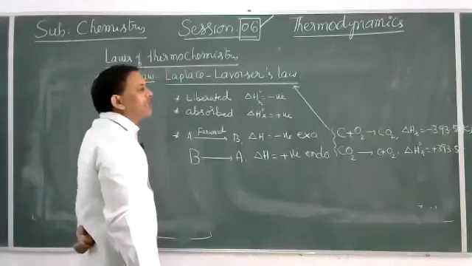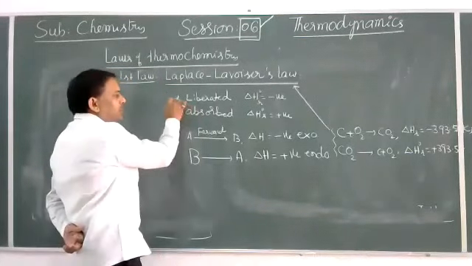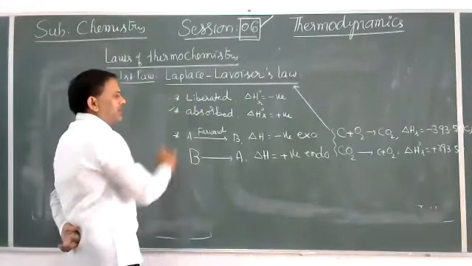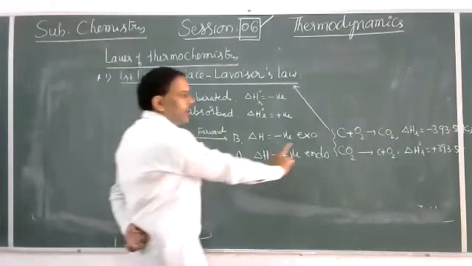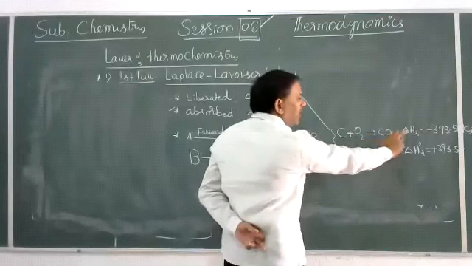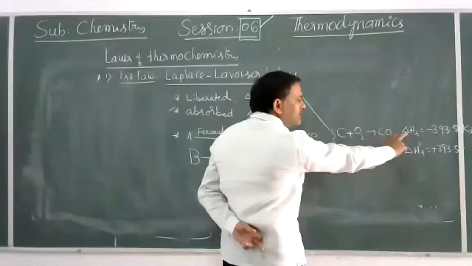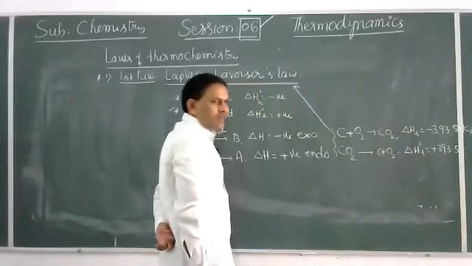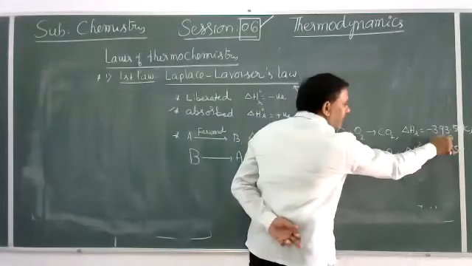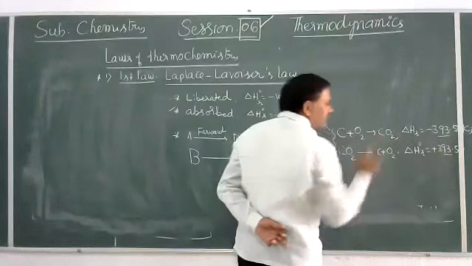In a thermochemical reaction, the amount of heat liberated or absorbed, when the reaction is reversed, the magnitude of delta H is the same, but the sign of this delta H is changed. So here the magnitude is 393 or 393.